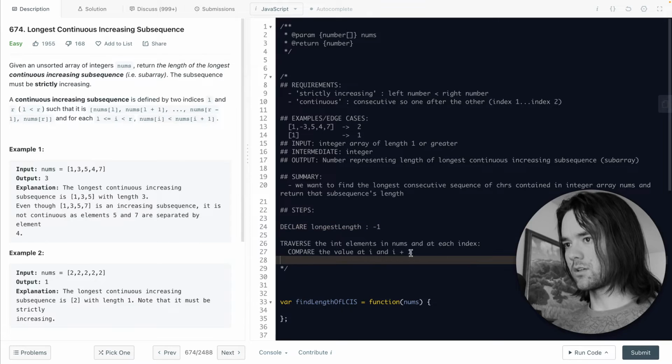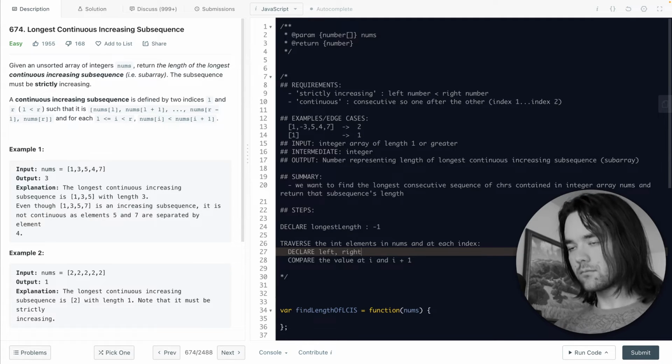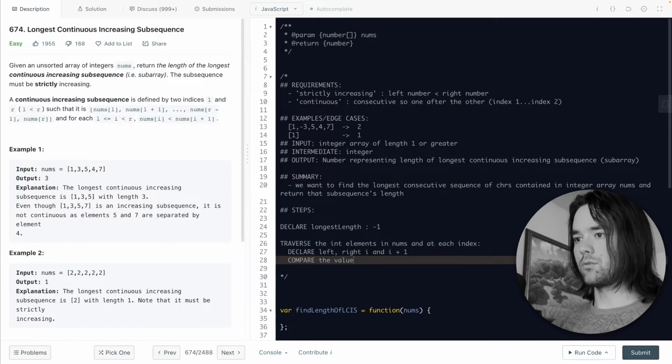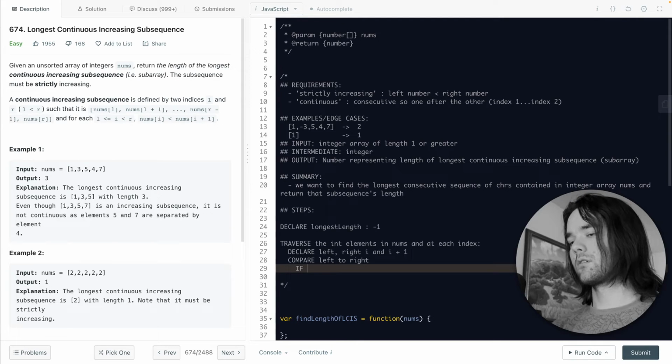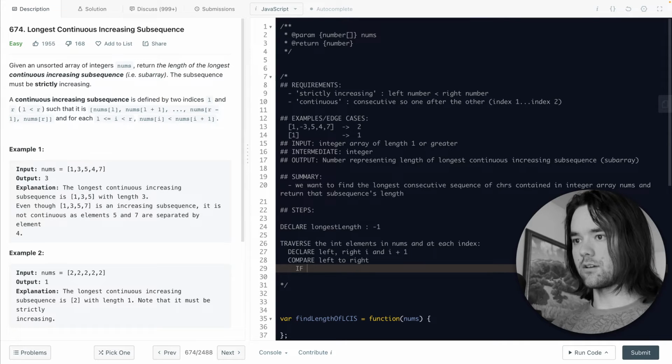Okay, so I'm going to just make this really clear. So we want to declare left and right, and those will be associated with these values. For the values, compare left to right. If right is greater than left, that's silly.